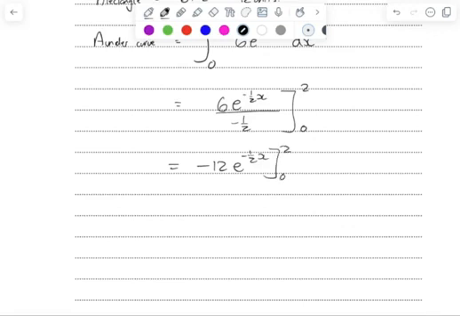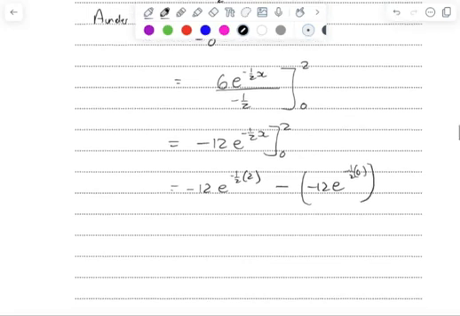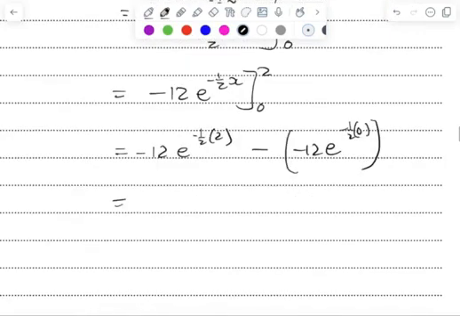Now I'm plugging in my 2, and I'm plugging in my 0. Here you've got to be careful because when you plug in 0, it doesn't make the term disappear. Often the term disappears, but not when you've got e's and sometimes trig functions. For example, cos of 0 is not 0.